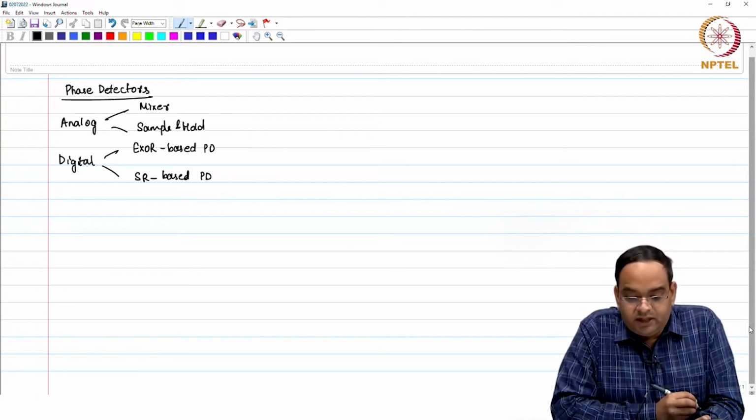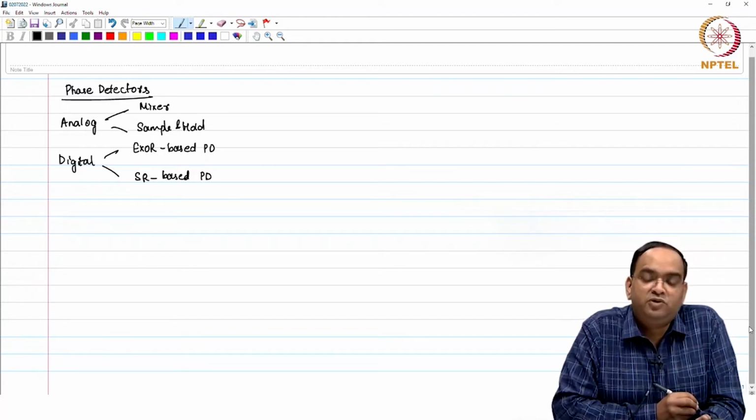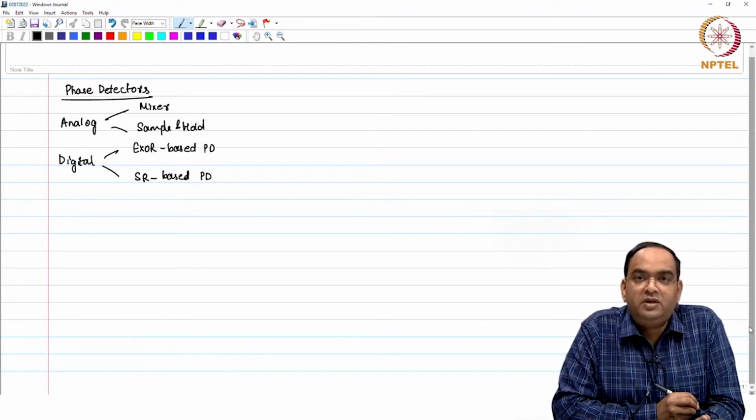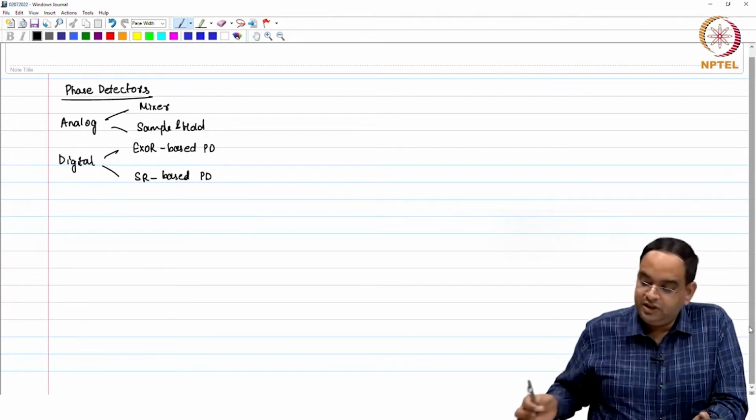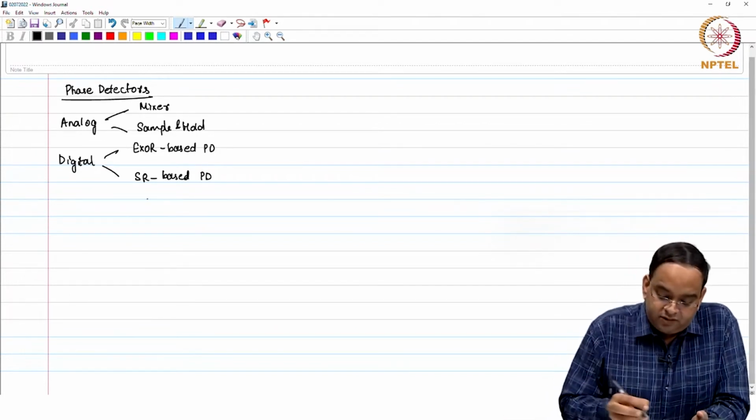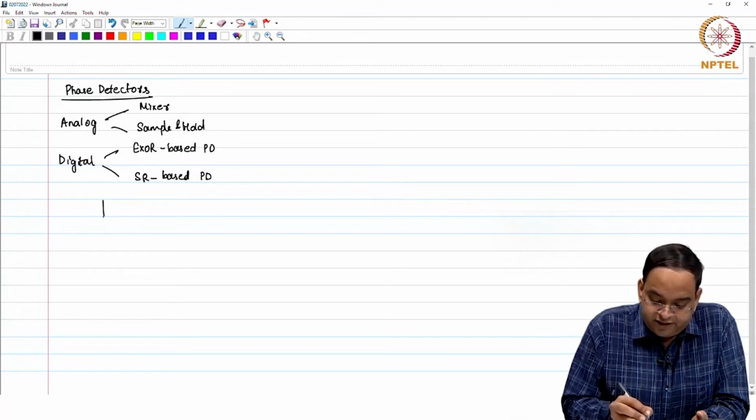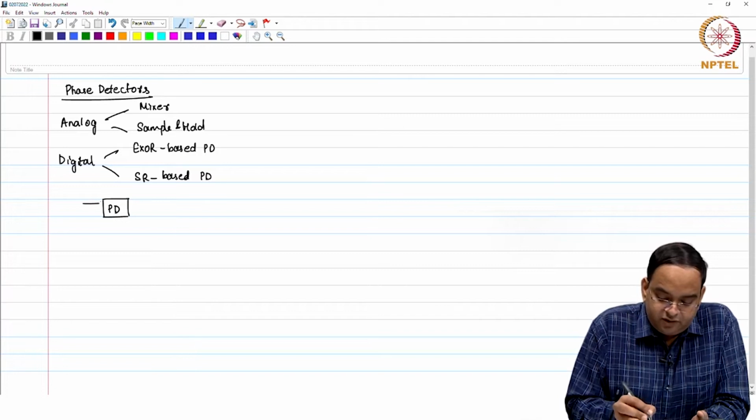So, we need to check whether these phase error detectors will be able to detect the frequency error, or for that matter whether the frequency error which it can detect is large or small. So, those things we need to check. So, just consider the phase error detector PD, you will look at all of them actually.